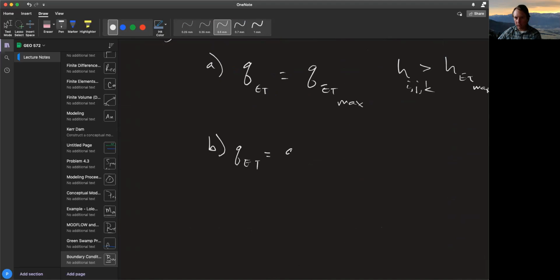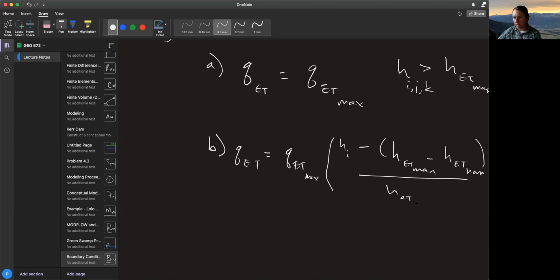So QET max times HI, I'm just going to write HI and leave out JK for simplicity, minus HET max, over the difference between HET max and HET none. This is the head where you get no more ET.